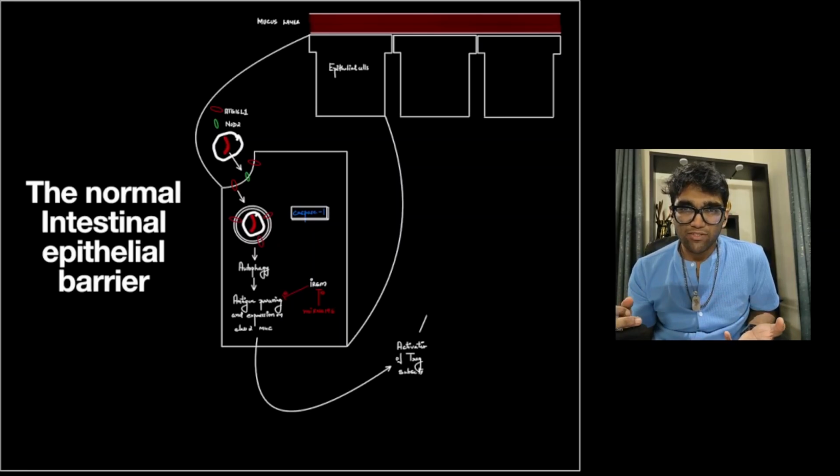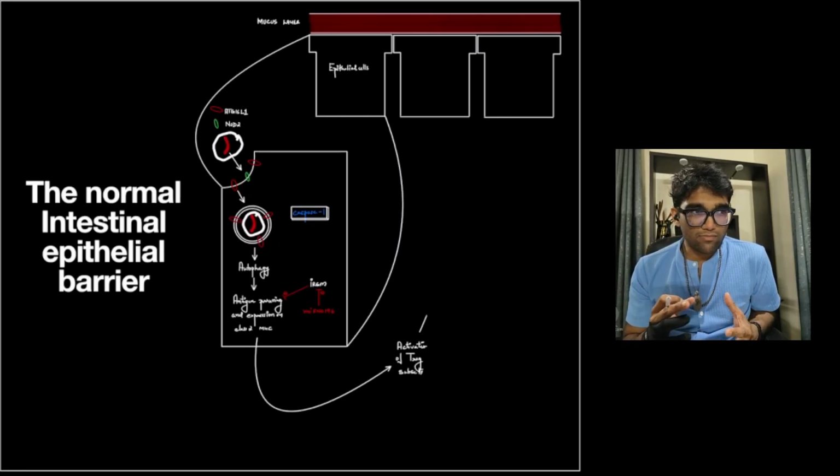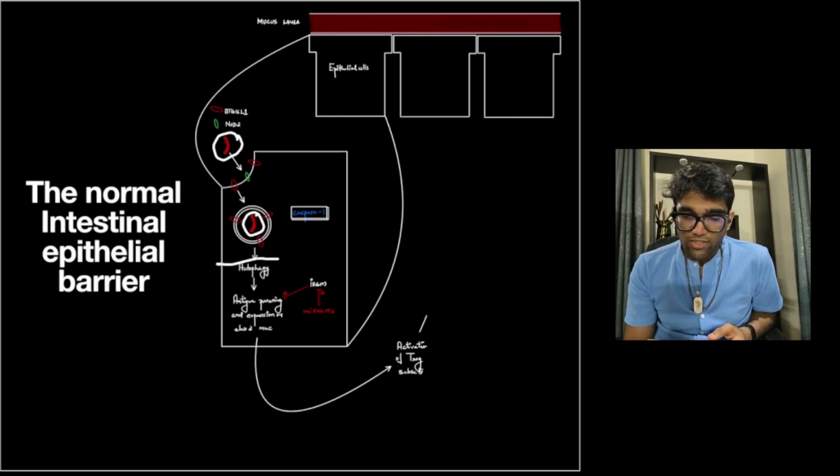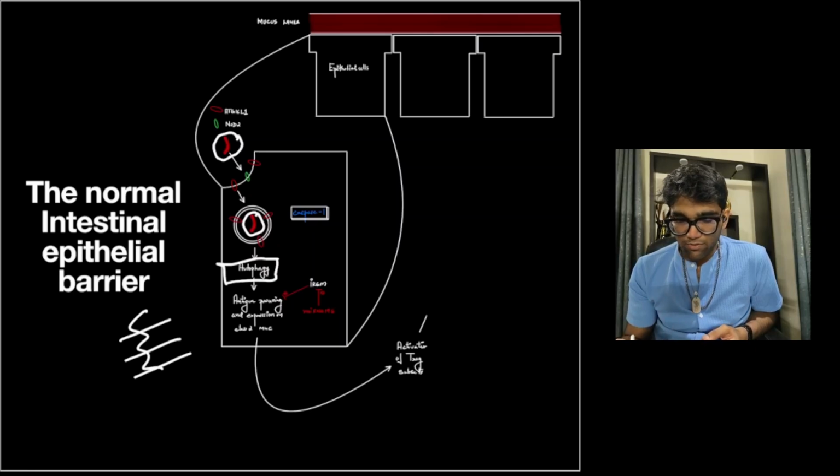Autophagy basically means to eat oneself. So cells clear up debris or various organelles that are not functioning properly using the process of autophagy. Okay, now during this autophagy, the protein components of this bacterial product are cut up into multiple parts by a proteasome.